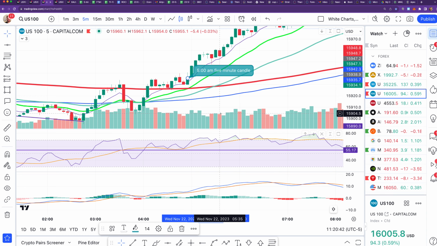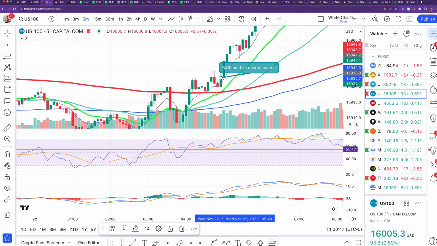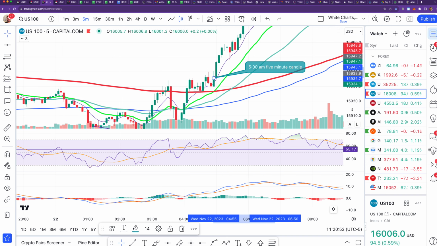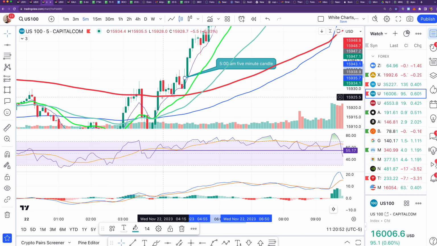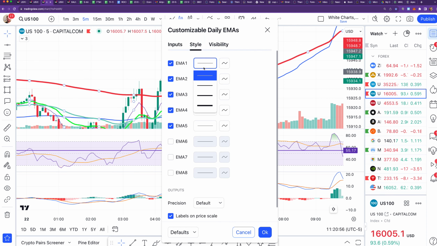Okay, right there. If you look at that, it's kind of a nice confirmation, because there is a 5 minute double bottom pattern against the 8 EMA. I'll make the 8 EMA a little bit bigger so you can see it better.